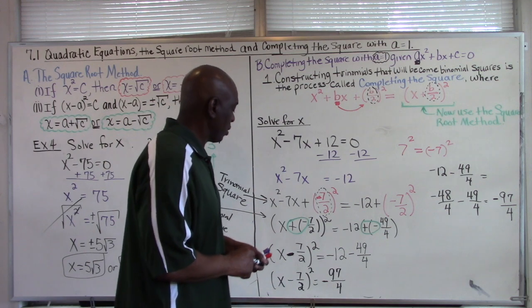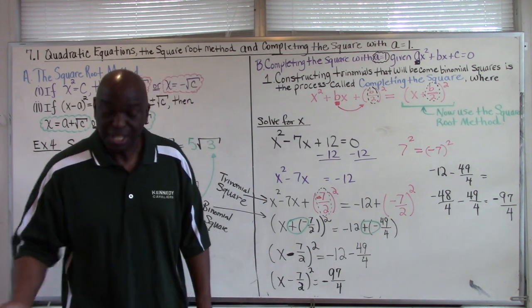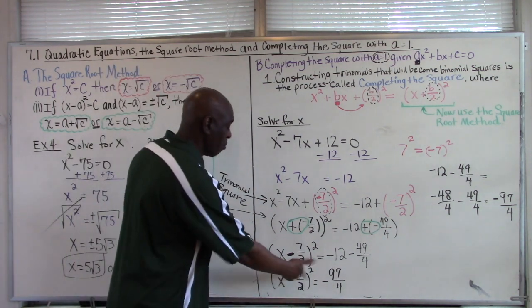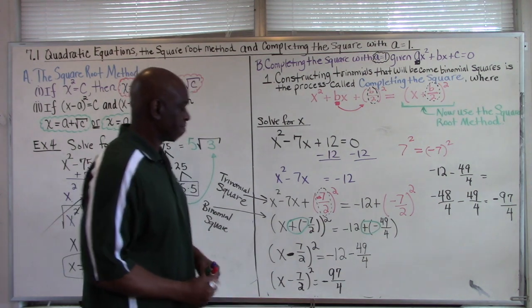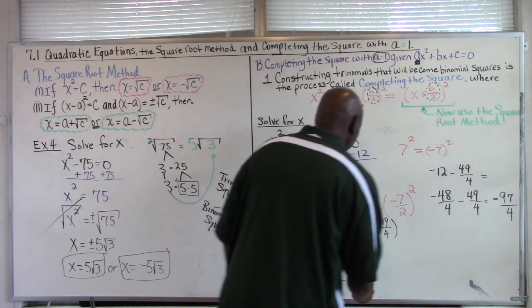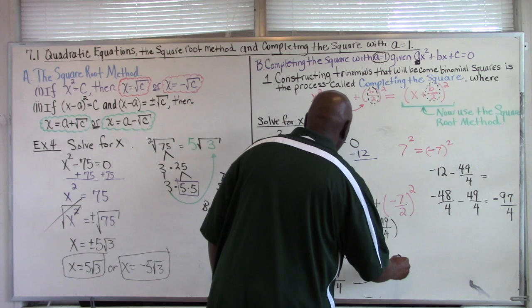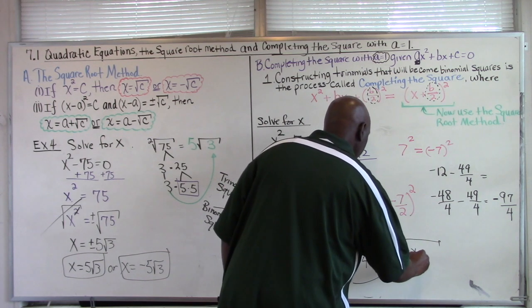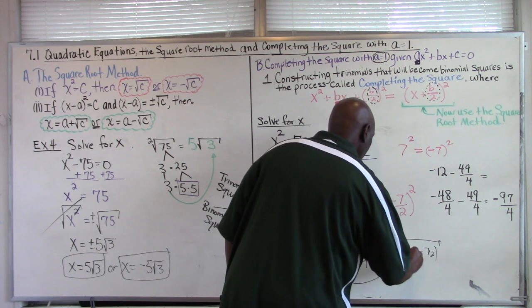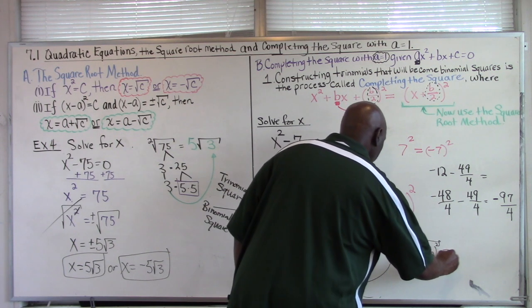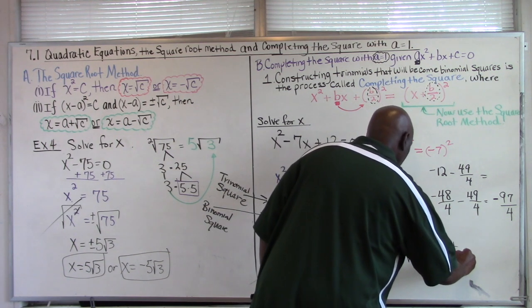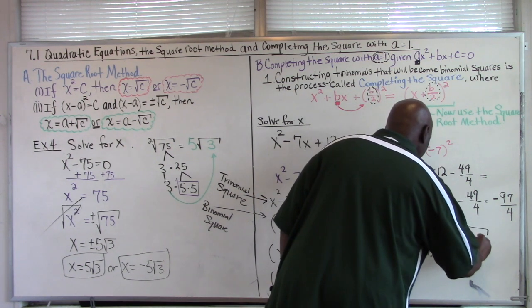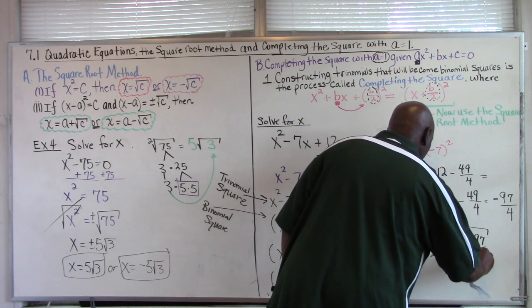So now what we want to do, take the square root, because now we have the square root method, take the square root of both sides. Let's do that. So we have the square root of x minus 7 halves quantity squared equals plus or minus the square root of negative 97 over 4.